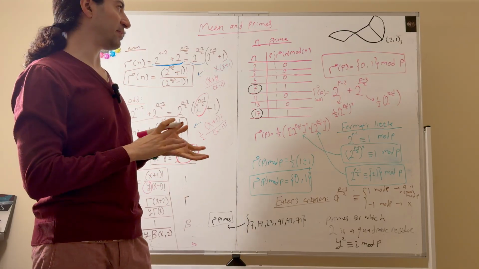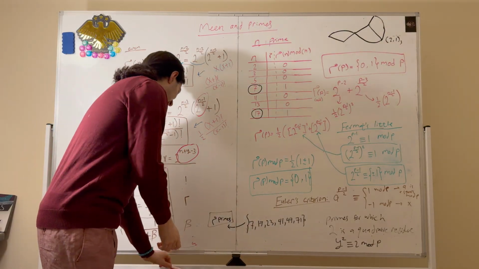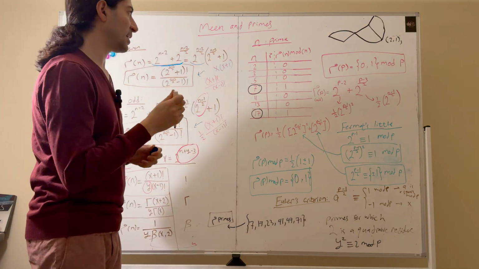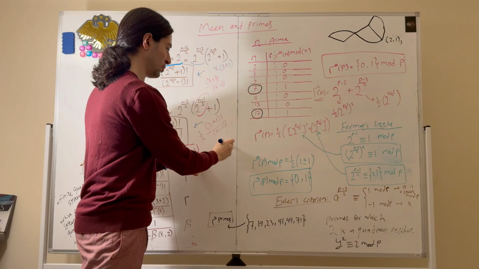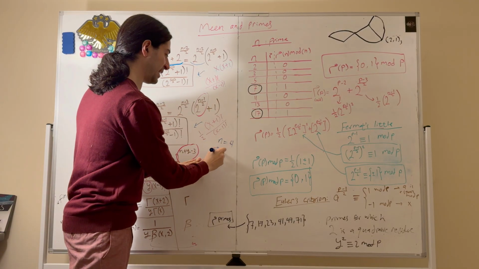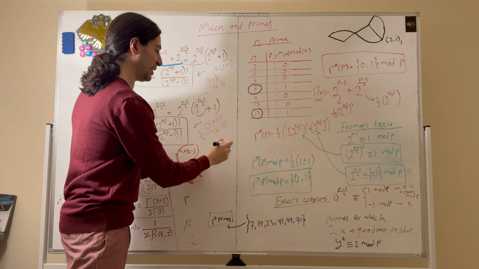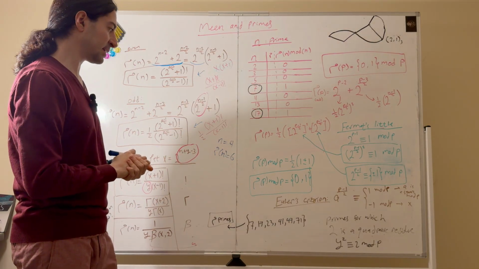So what is meem of n mod n? Let's do an example. Let's say for the value of n equal to 4, we know that meem of n would be equal to 6, because the size of that sectoral set is 6.